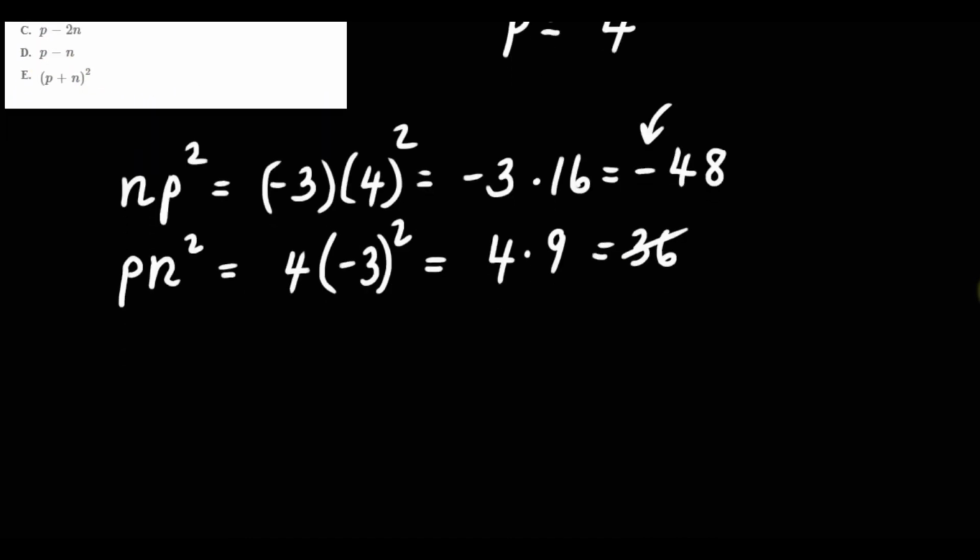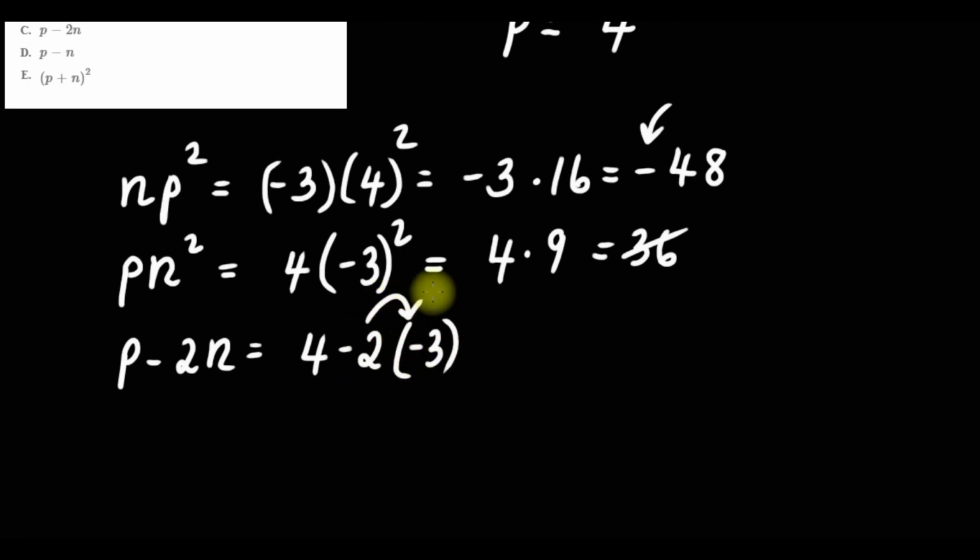Next one is p minus 2n. So p take away 2n. Well, p is 4, take away 2 times negative 3. Here we have negative times negative, which makes it positive. So this is going to be a positive number, higher than negative 48, so it's no good.